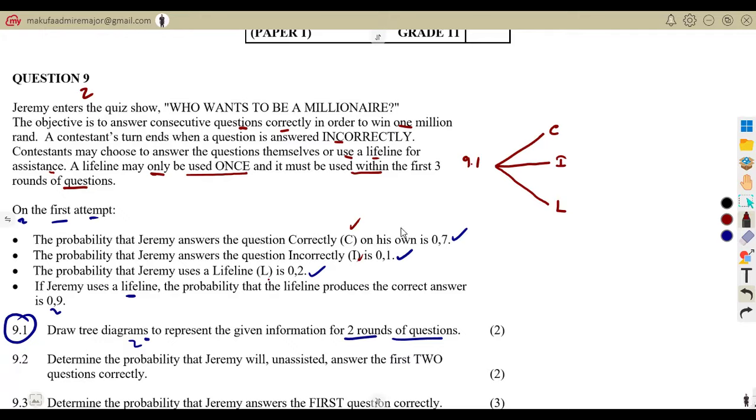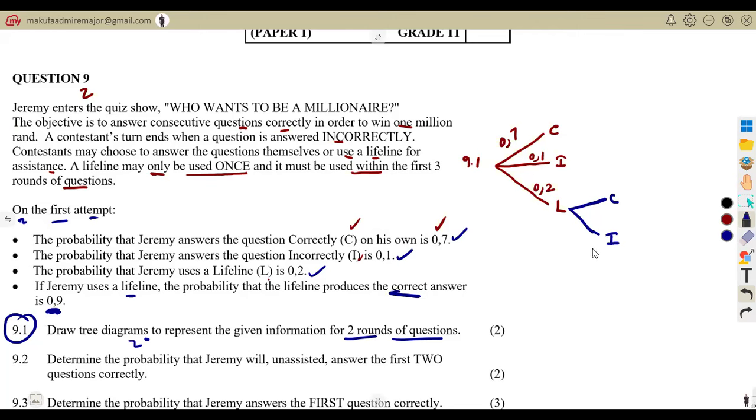The probability of being correct is 0.7, as we are given. The incorrect is 0.1, and the lifeline is 0.2. This is the first part that can happen, and it is used once. Once you use the lifeline, you can have a correct answer or an incorrect answer.